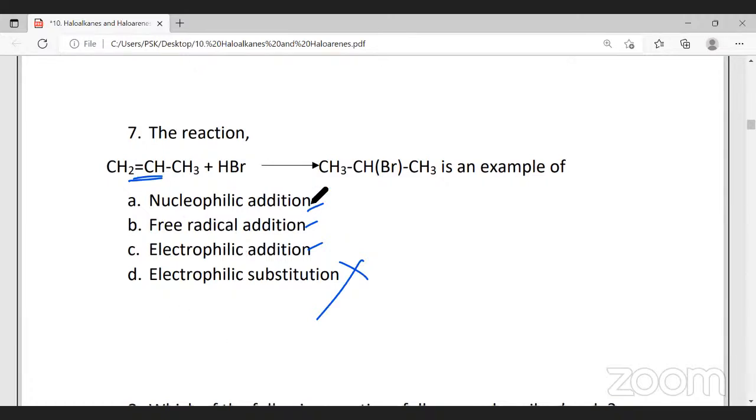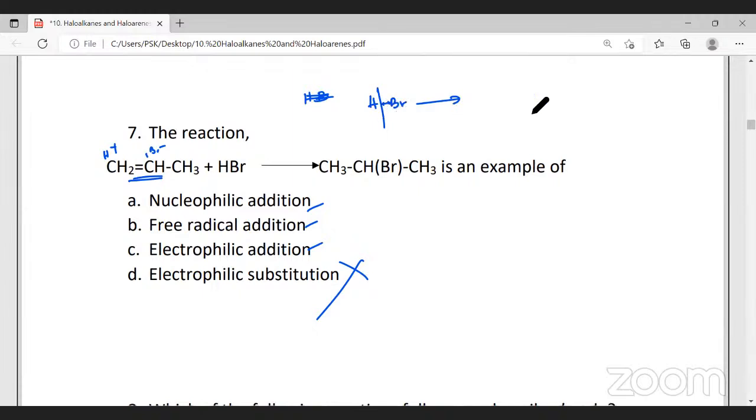You can clearly observe that here Br minus is attacking and here H plus is attacking. So what kind of reaction is it? Now this HBr will undergo heterolytic fission. What do you mean by heterolytic fission?